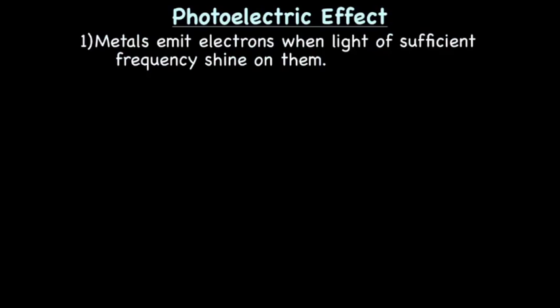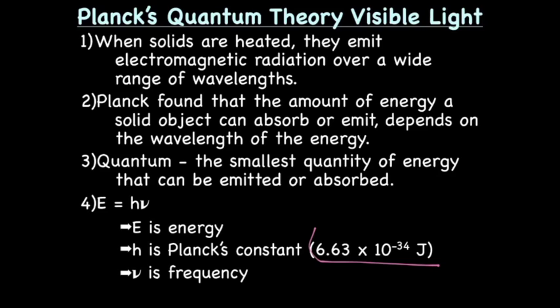All right, on to the photoelectric effect. Like I just talked about, metals emit electrons. Well, actually I talked about Planck's constant, where we find out that when solids are heated, which means adding energy, they emit electromagnetic radiation.